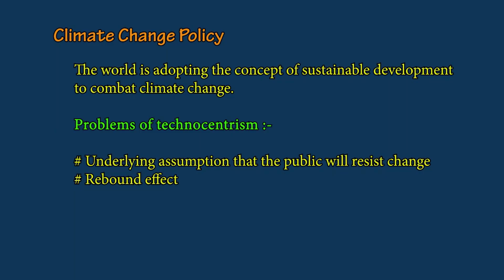This is called technocentrism. This approach says that technology can and will ultimately provide all the solutions to climate change, and we will reverse the trend of climate change only depending on technology, right?